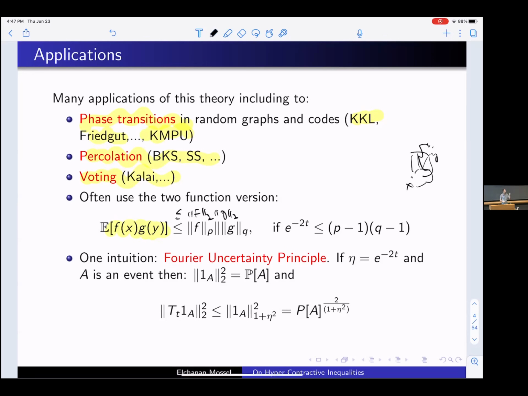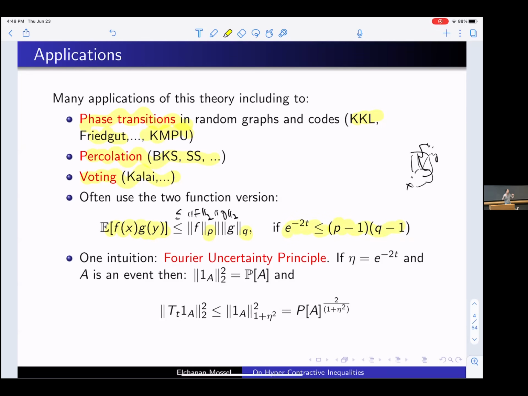But somehow the fact that X is not Y, X is just correlated with Y, gives you a much stronger inequality. So instead of getting the 2 norm here and here, you get lower norms. And in particular, the condition is you can do it as long as the norms satisfy that p minus 1 times q minus 1 is bigger than e to the minus 2, right?